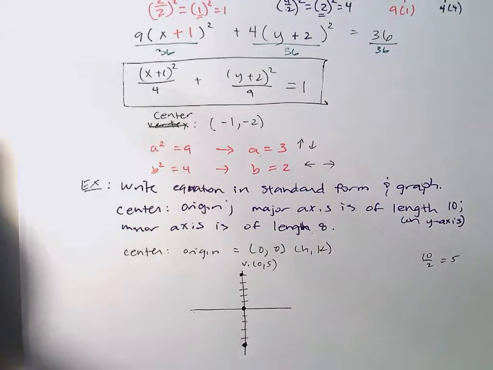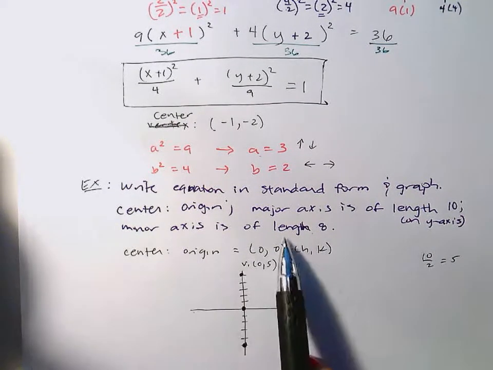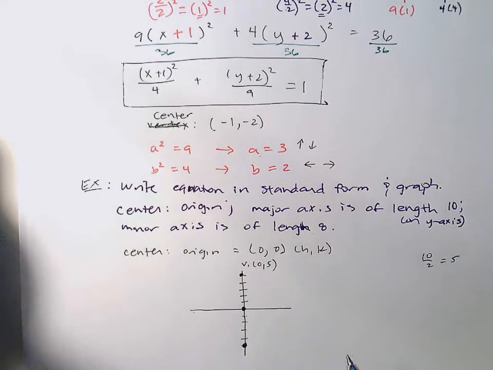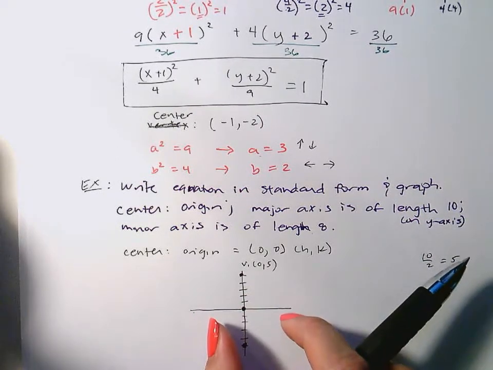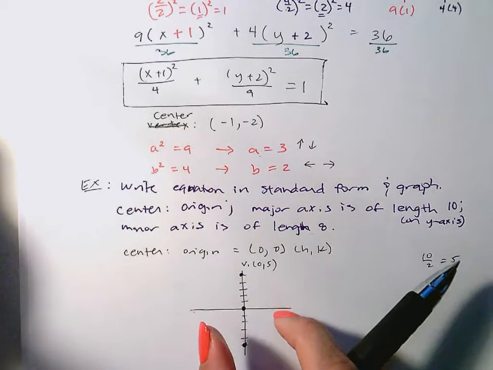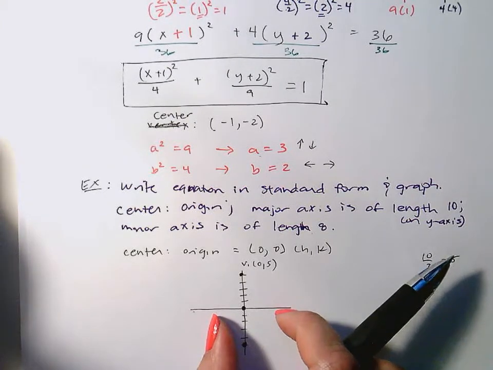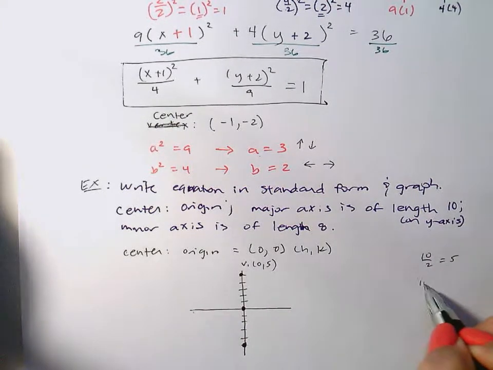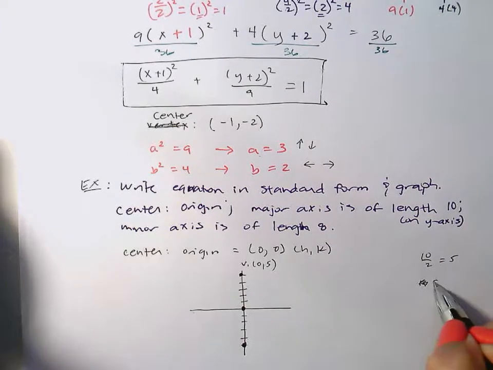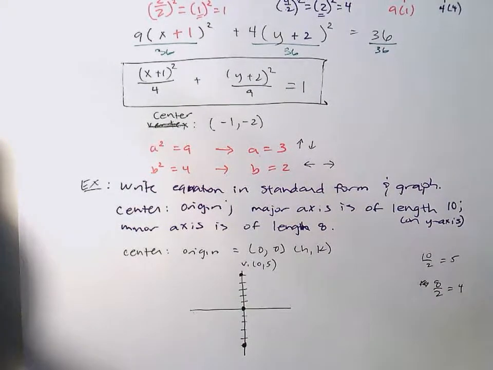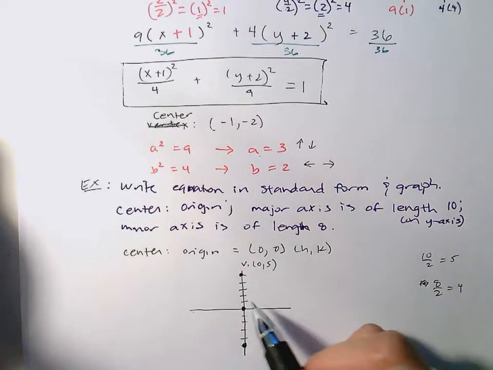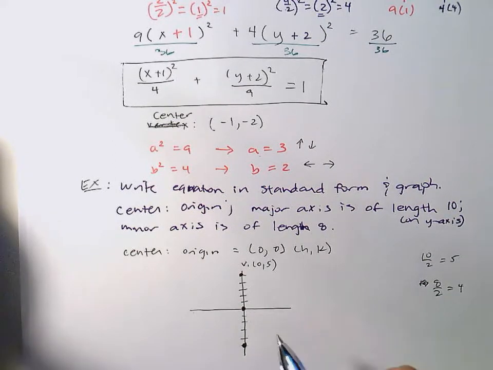And then the minor axis is of length 8. If the minor axis is of length 8, the total distance is equal to 8 from point to the second point on the minor axis, which means that half of that, which is 8 divided by 2, which is equal to 4, is going to give me the distance between the center and a point on the minor axis.